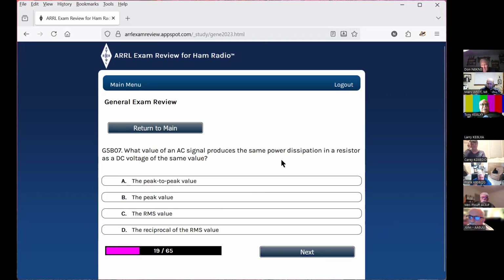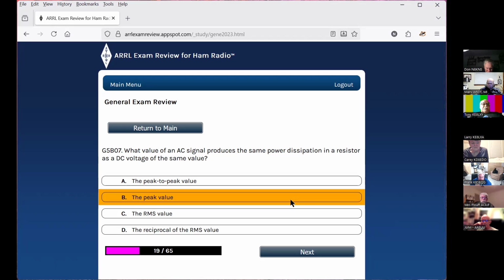What value of an AC signal produces the same power dissipation in a resistor as a DC voltage of the same value? A, the peak to peak value, B, the peak value, C, the RMS value, or D, the reciprocal of the RMS value.